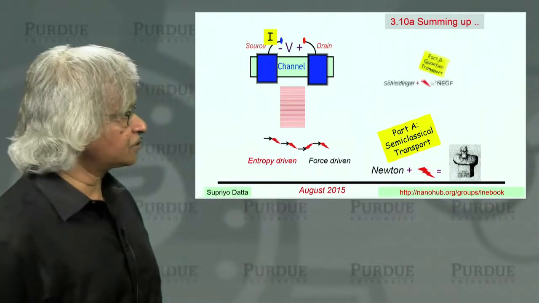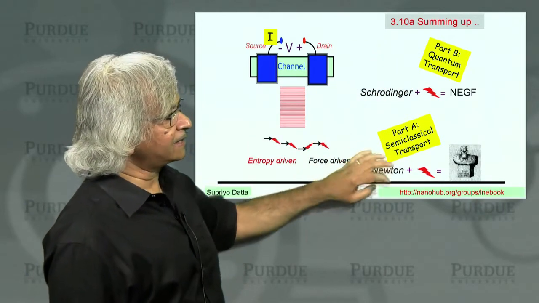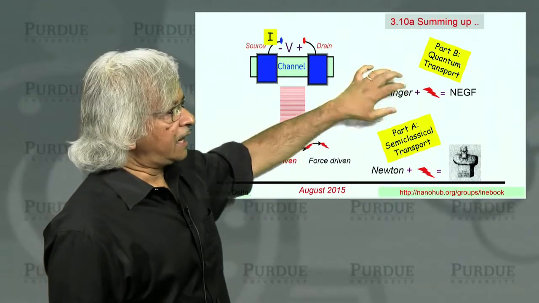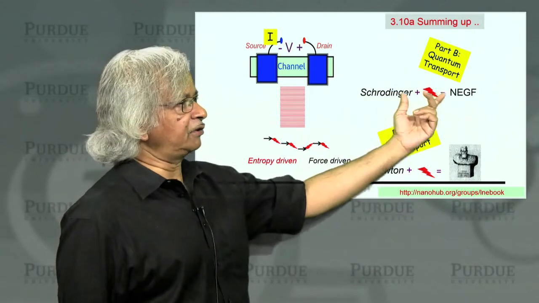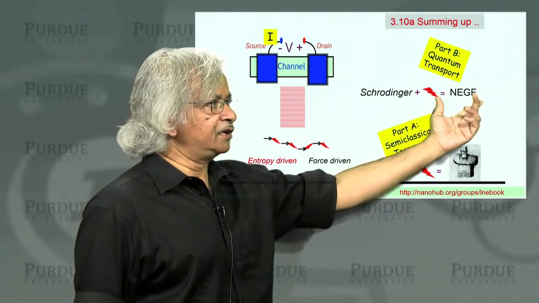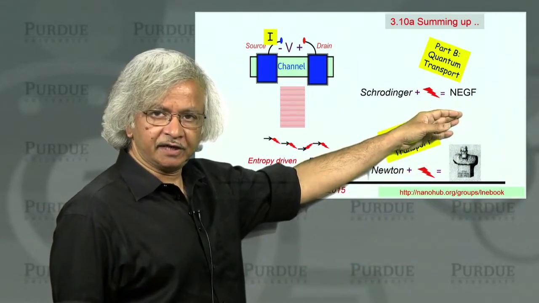In part B of this course, what we are interested in is quantum transport, where for the mechanics, instead of Newton's laws, we have the Schrödinger equation. And what I'm trying to introduce to you is the part about including these entropy-driven processes to get this non-equilibrium Green function method, or the NEGF.